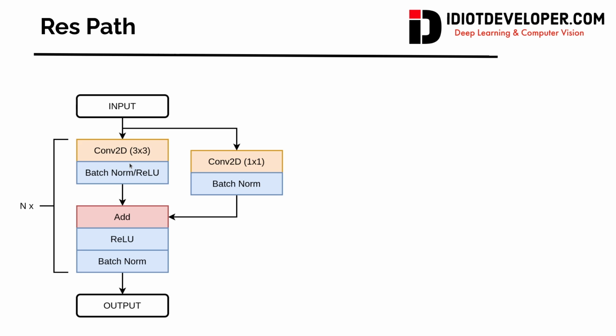So they cannot be directly concatenated, as we do in UNET. So they use some layers in between, and the features of the encoder are passed through these layers, what we call the res path, and then the output is concatenated to the decoder.